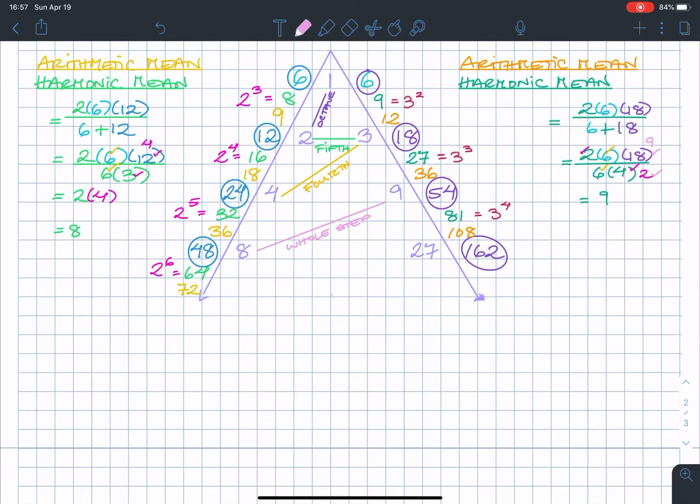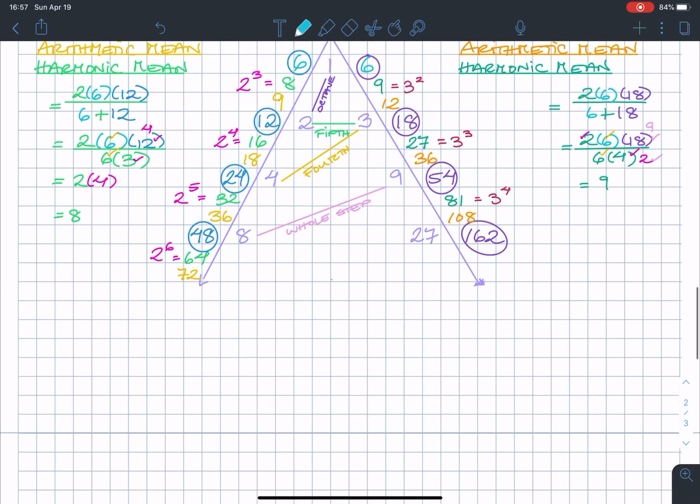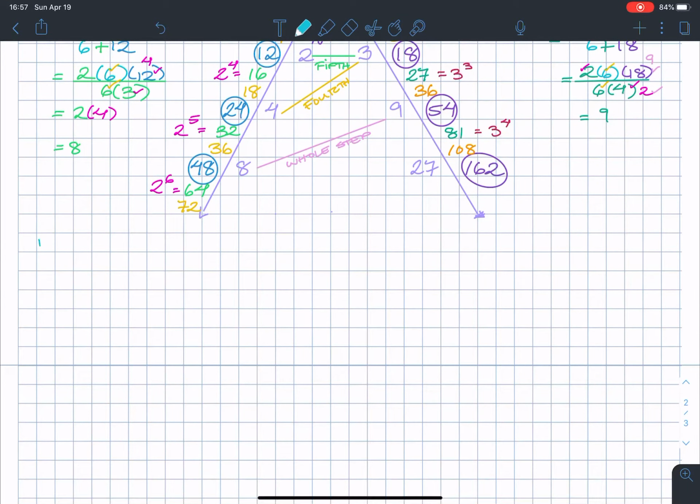So anyways, moving on. The final definition in this section is the circle of fifths. And hopefully some of you play music. Okay, so it is a range of 7 octaves.